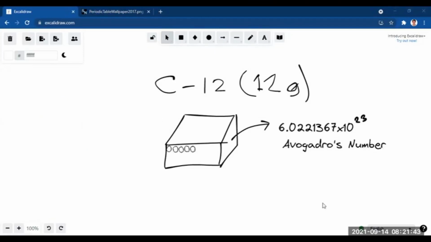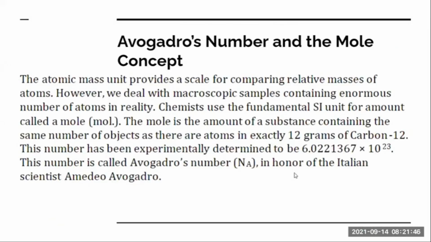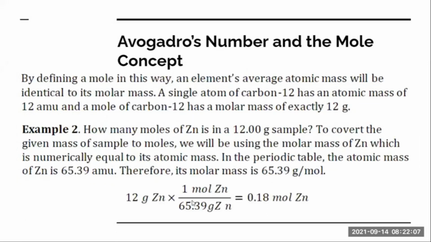Go back to the presentation. It was named in honor of the Italian scientist Amedeo Avogadro. Again, this is the number of particles in 12 grams of carbon-12. That is Avogadro's number. Okay, let's proceed.